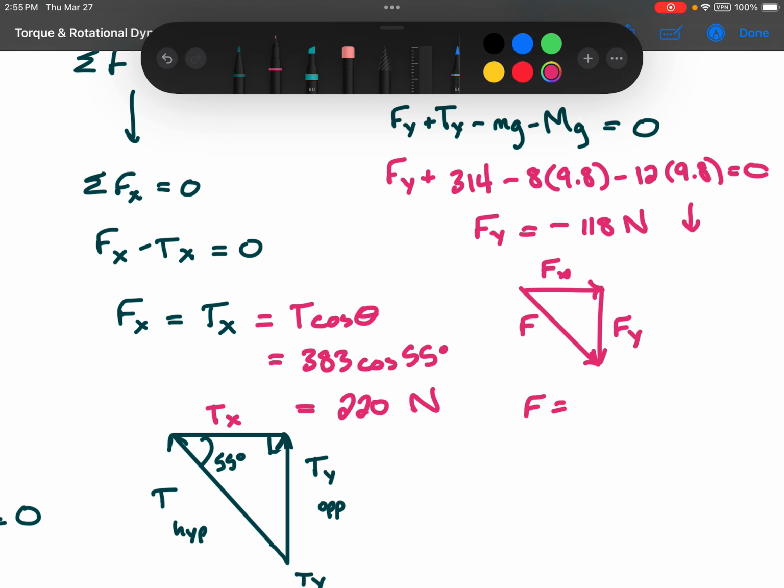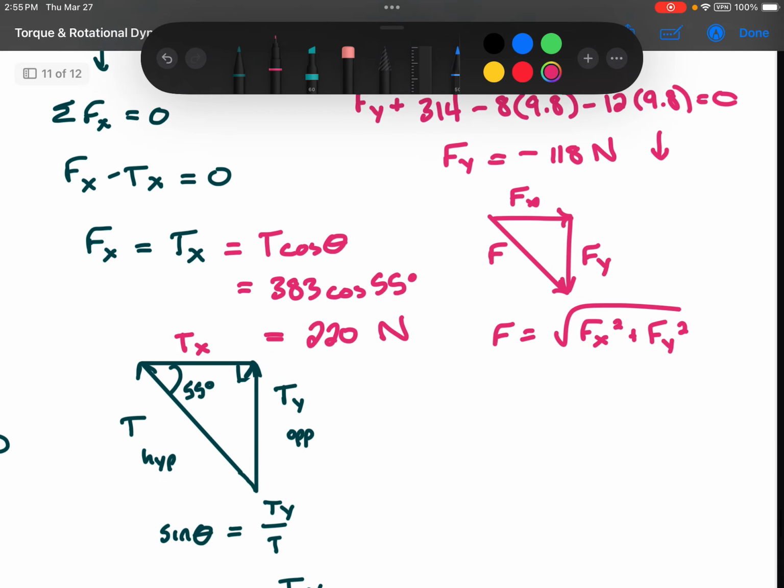So F is going to be the square root of Fx squared plus Fy squared. And so putting in those values, 220 squared plus 118 squared. We can just drop the negative since a negative times a negative is going to be positive anyway.